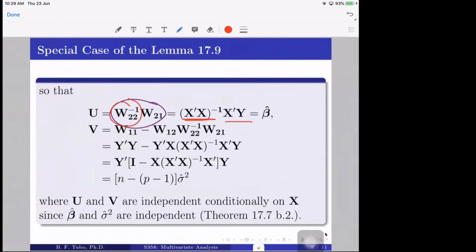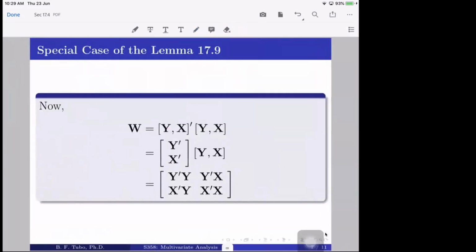And W21 is x prime y. That is actually your beta hat, in the coordinatized version of the linear model. Do you remember this? That beta hat is x prime x inverse x prime y. And then our V, by definition, is this, substituting our W here, you get the W there.